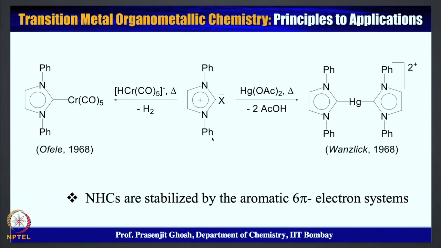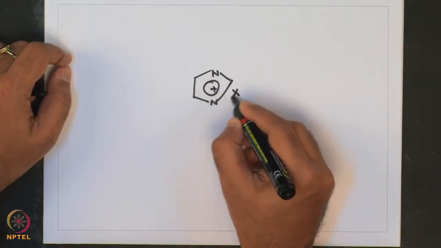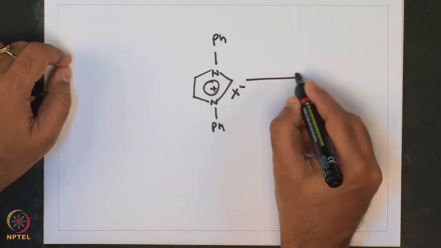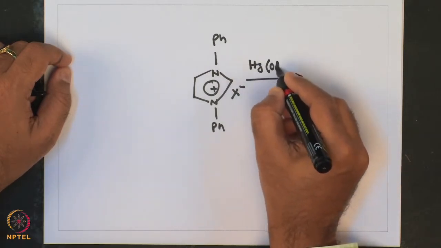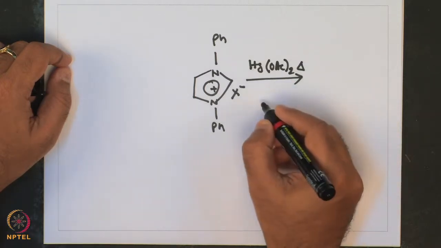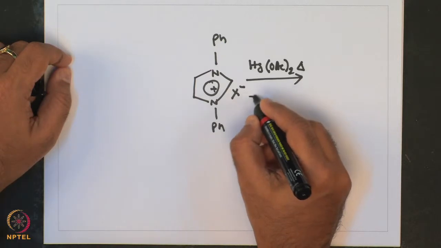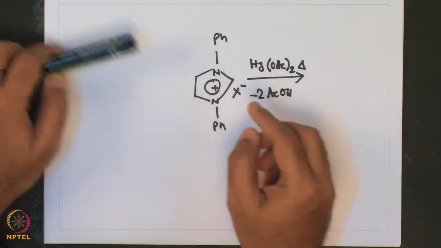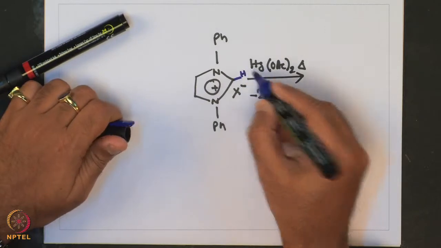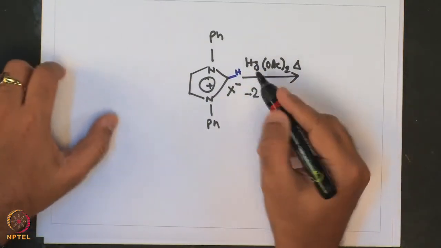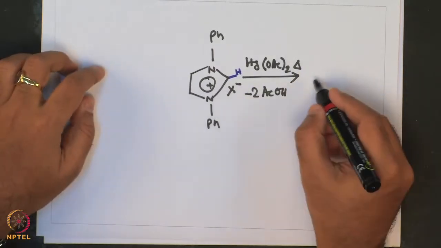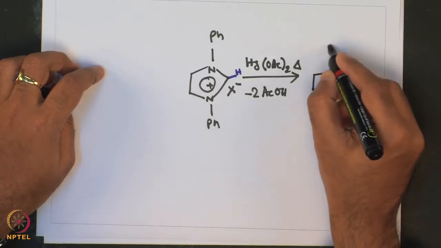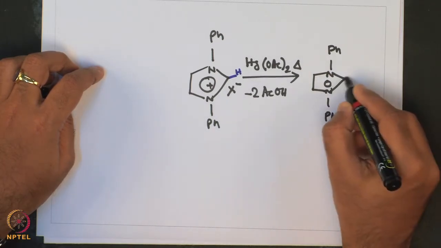For example, when this imidazolium salt is heated with mercuric acetate, that releases 2 acetic acid molecules, the proton of this CH bond gets abstracted by the acetate anion, giving rise to an NHC carbene complex of the type shown over here.